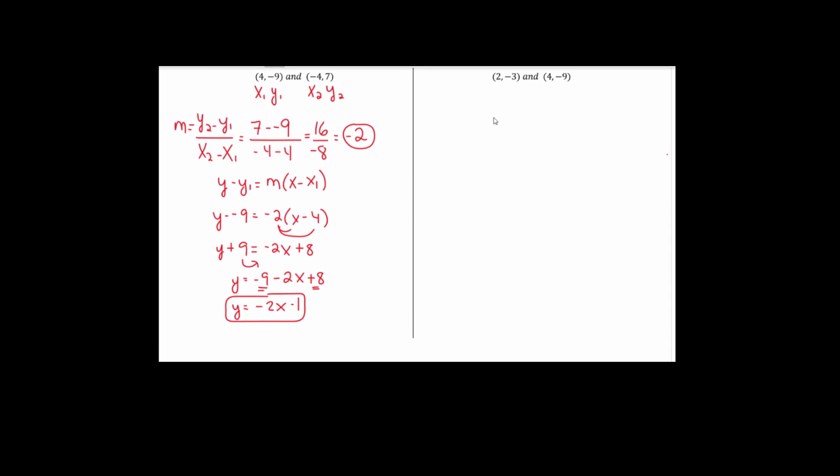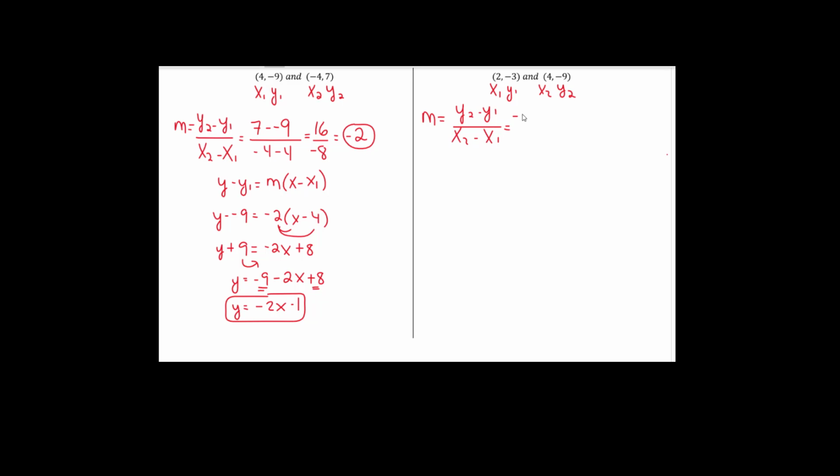Okay, let's go on to the next problem. So this would be x1, y1, x2, y2. My formula is y2 minus y1 over x2 minus x1.